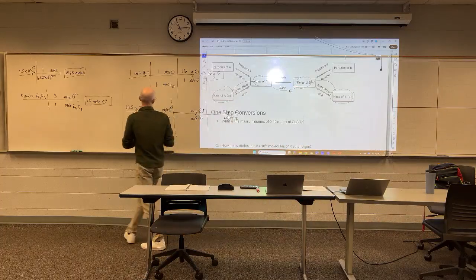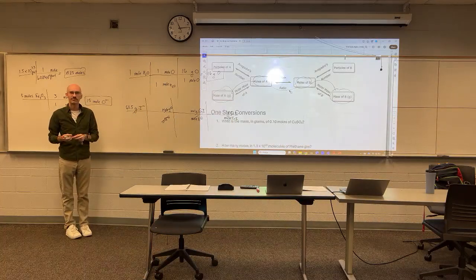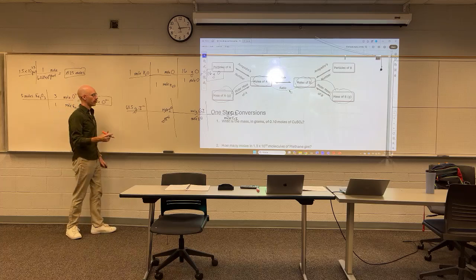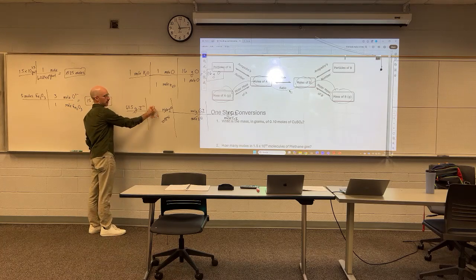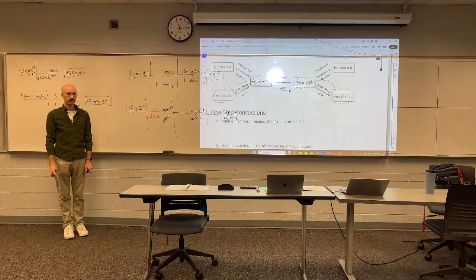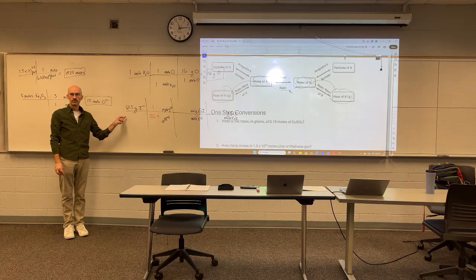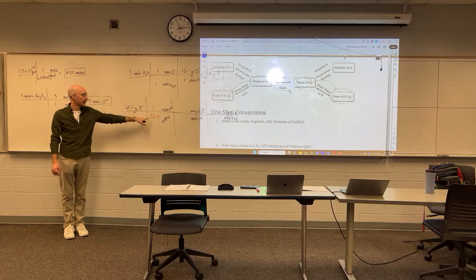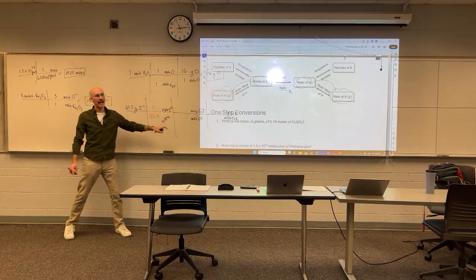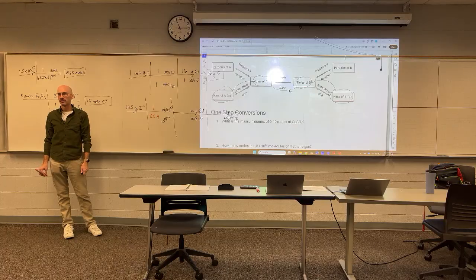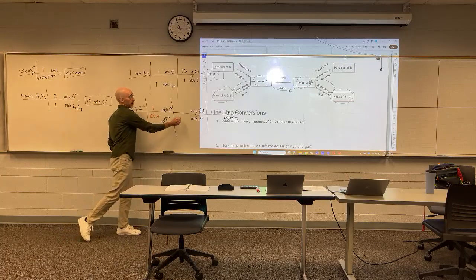What is the molar mass of iodide? 126.9 grams in 1 mole. Do I have 1 mole? No, I have less than 1 mole because I don't have that many grams. What is the mole-to-mole ratio between iodide and copper 1 iodide? It's 1 to 1.